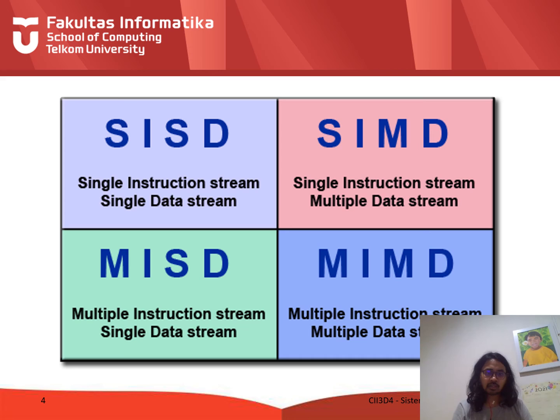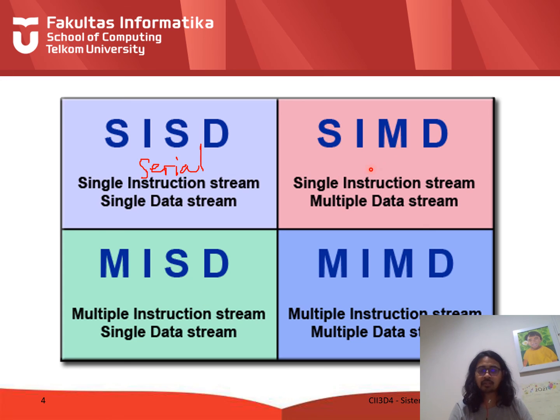So there are 4 ways to complete the previous task, and these different ways have different names. The first way, where one CPU does 4 tasks, is called SISD, and SISD is actually serial, and the 3 others are parallel.